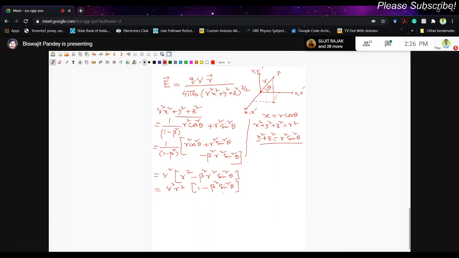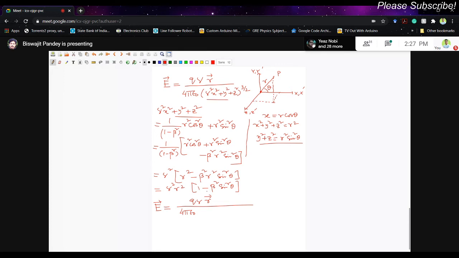Now let us put this in this expression of electric field and check how it looks. So if I write down the electric field in the laboratory frame due to the moving point charge, this will be q gamma r vector divided by 4 pi epsilon 0, and then we have a power of 3 half over this expression of gamma square x square plus y square plus z square.